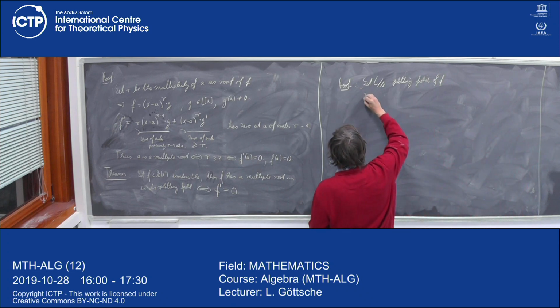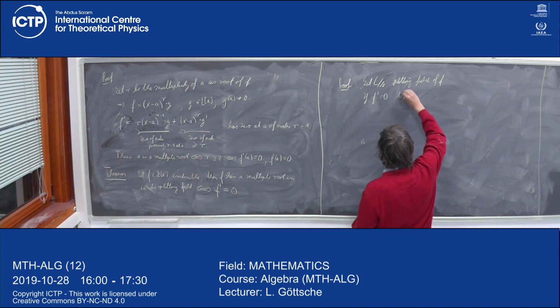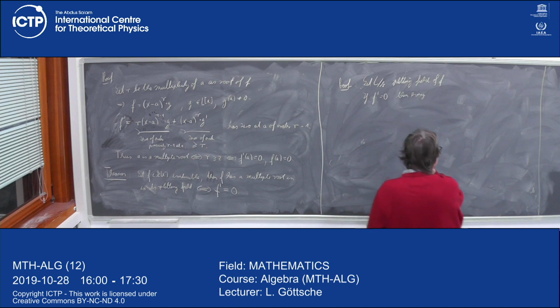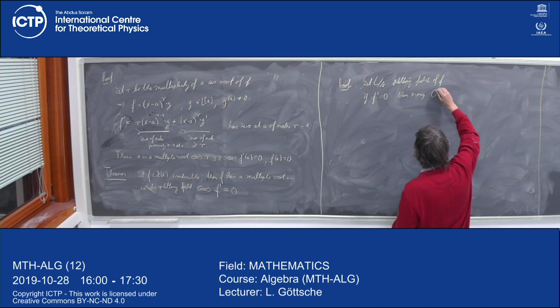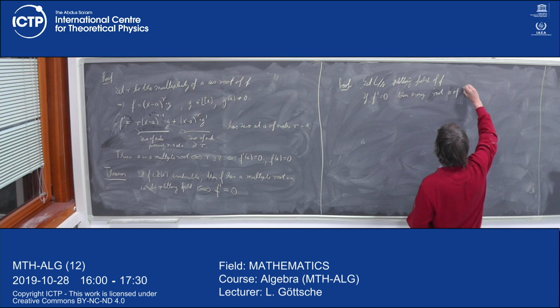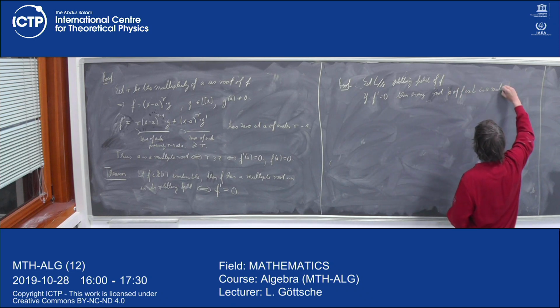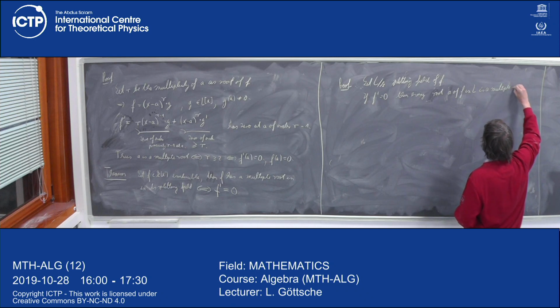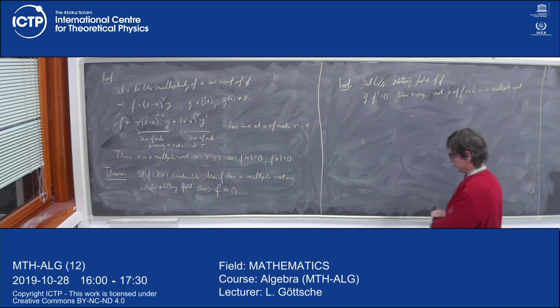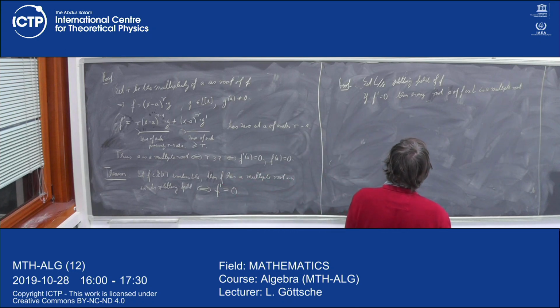So obviously, if f prime is equal to 0, then every root A of f in L is a multiple root, because we had said it's a multiple root if and only if f and f prime vanish there.